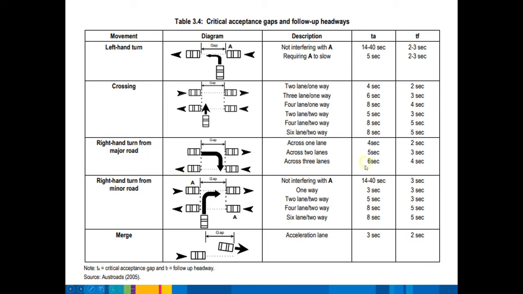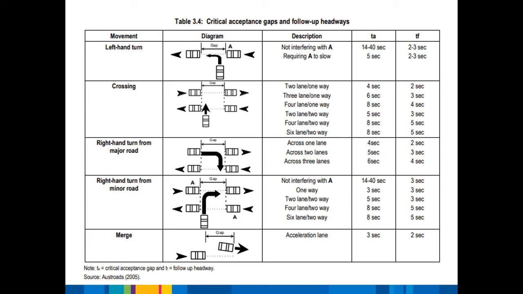We have different size gaps for the acceptance and the follow-up gap time, and these change depending upon the traffic conditions. Do we have multiple lanes? Do we have an entry which does not interfere with oncoming traffic or which requires oncoming traffic to slow? What sort of presence of acceleration lanes are there? That sort of thing.